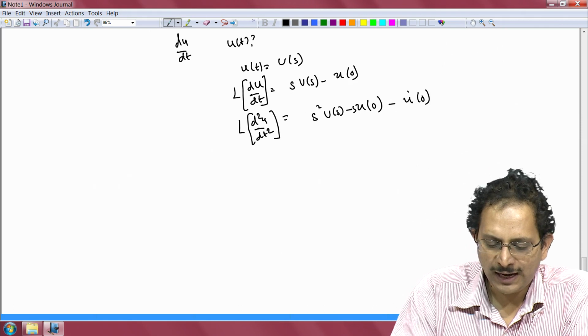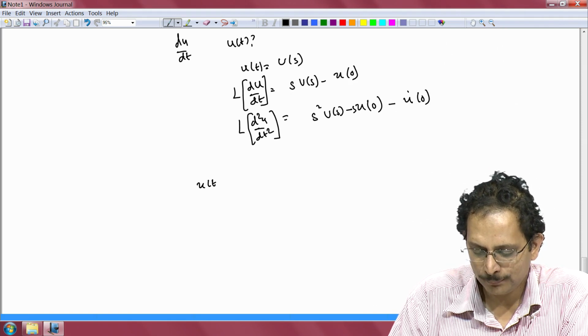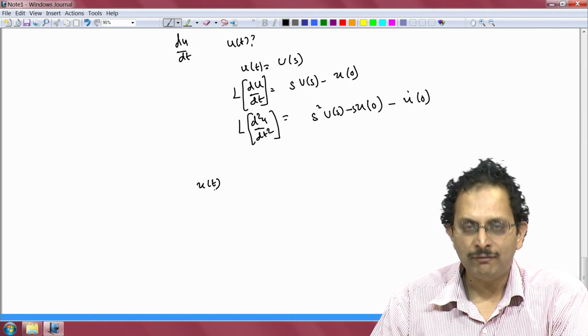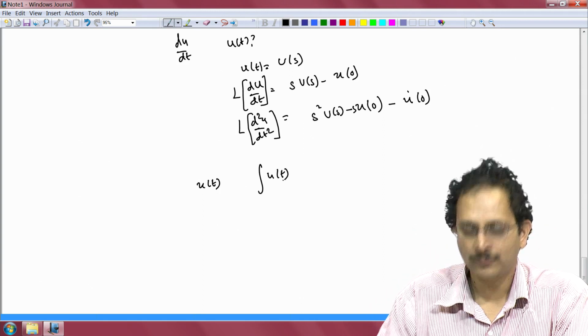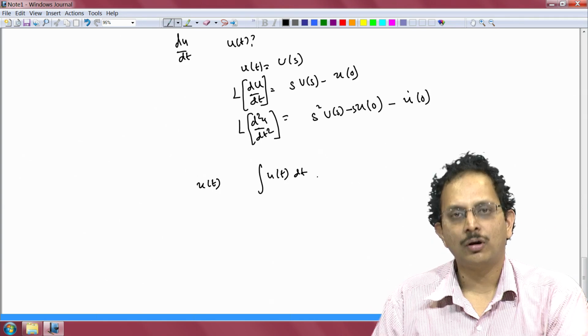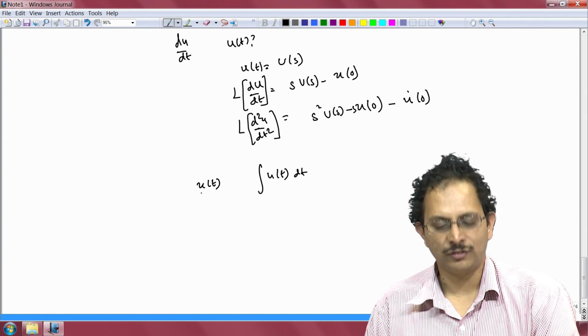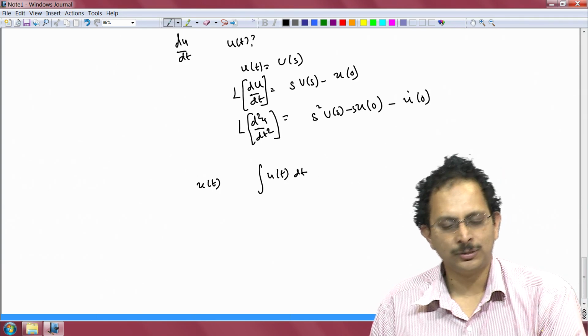Likewise if I have any signal u of t, can we derive the Laplace transform of integral of u of t in terms of the Laplace transform of u of t? It is indeed possible to do this.